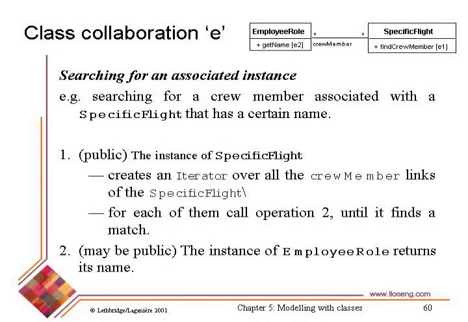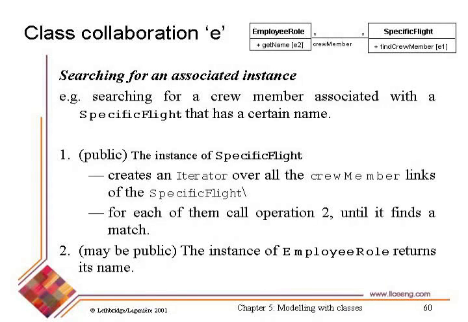Responsibility E is searching for an instance: searching for a crew member associated with a flight that has a certain name. The crew member has a name, we want to search for that. So the responsibility, get name, is going to be in employee role, and it says create an iterator over all the crew members, links of the specific flight.